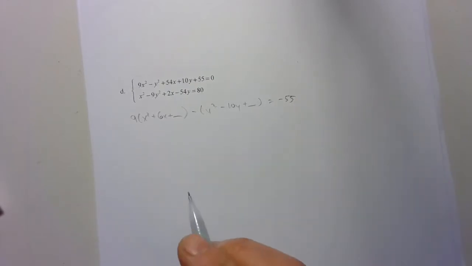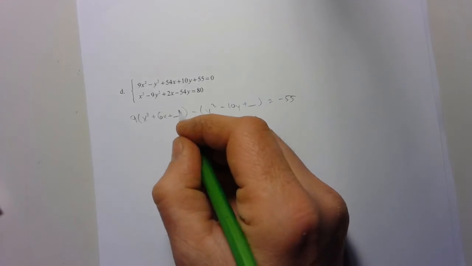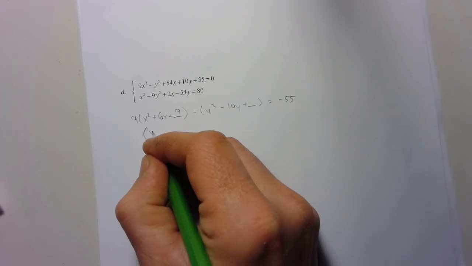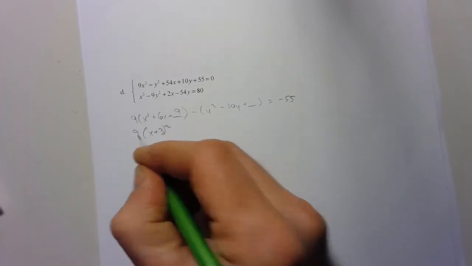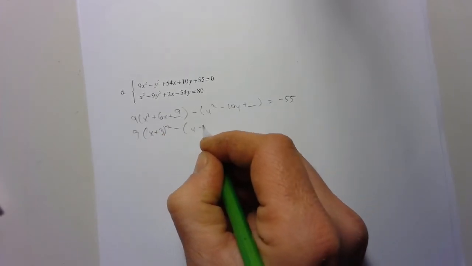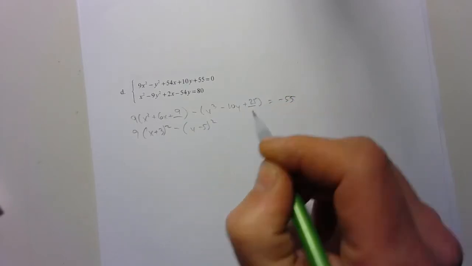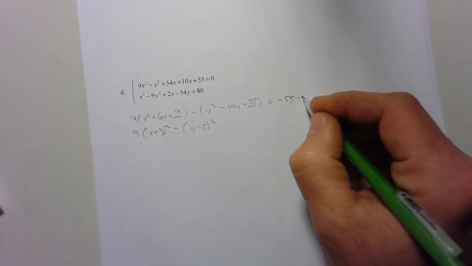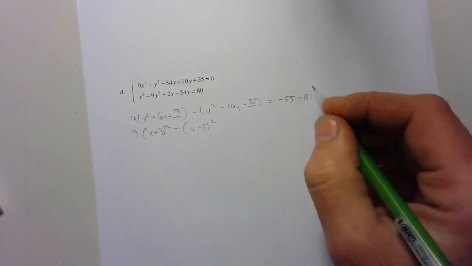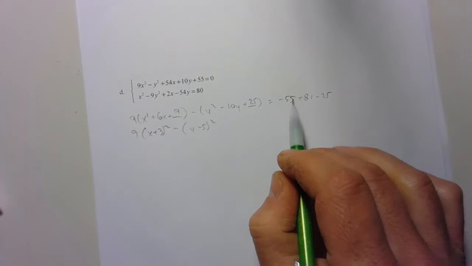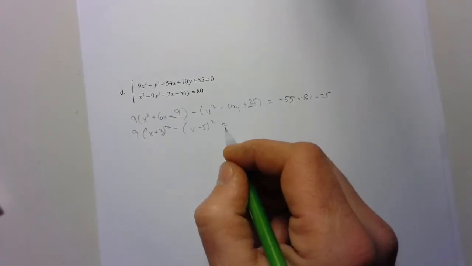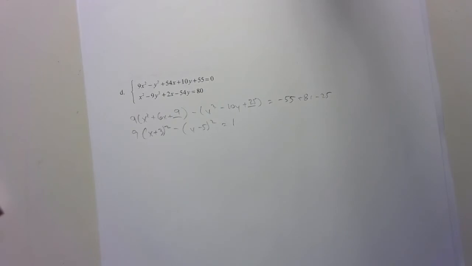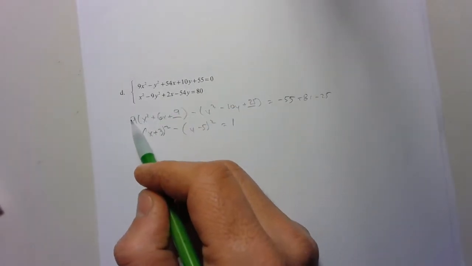Now if I complete my squares, that's going to be a 9, because it's going to be (x + 3)^2, and this one is going to be a minus 5, which is going to make that 25. That means I'm adding 81 from this one and subtracting 25 from the other one. So overall, that conveniently gives me 1 right here. So I get to that point, and that's the first equation.